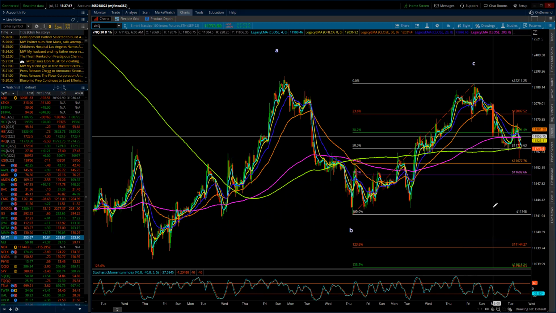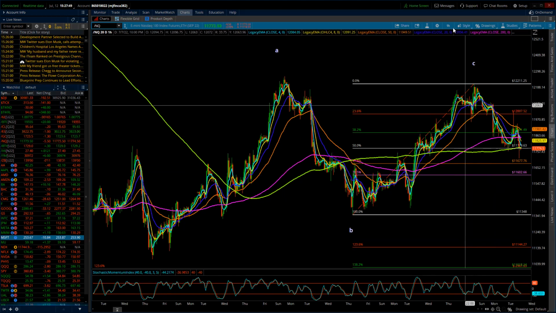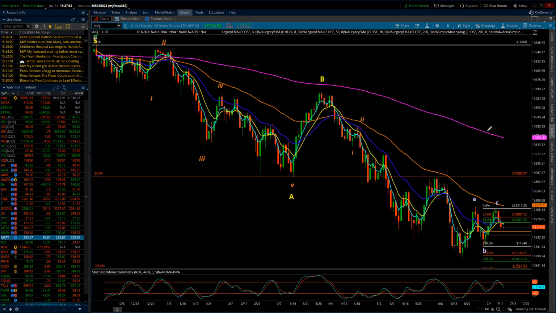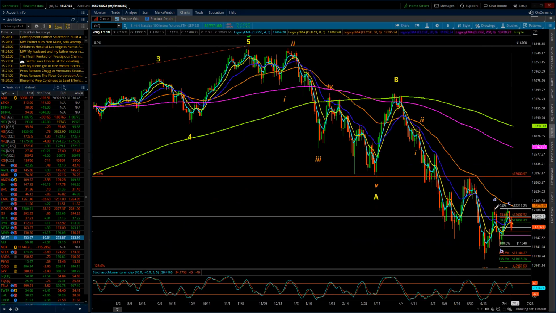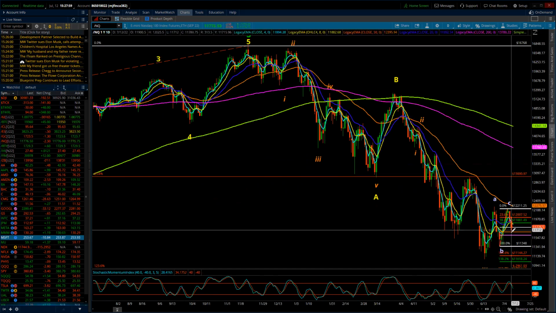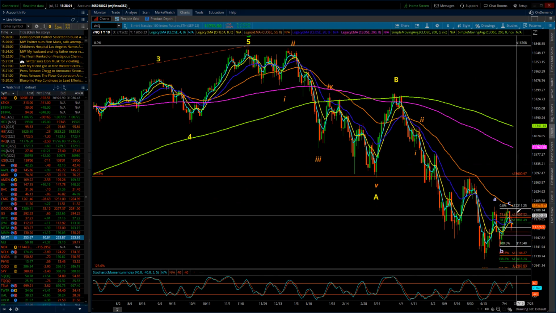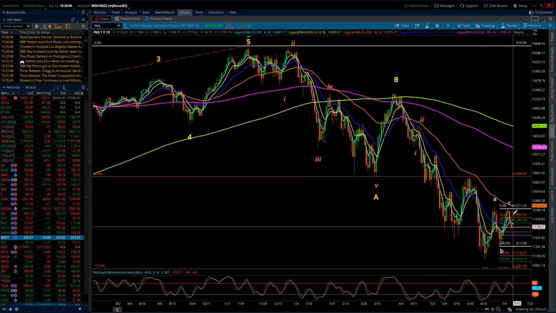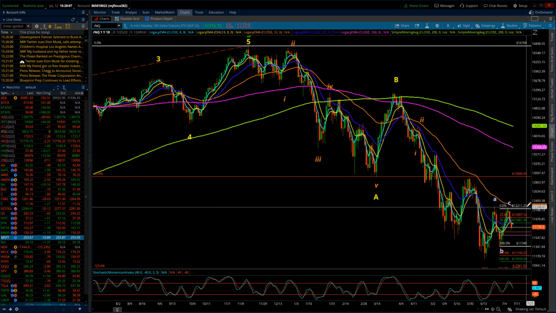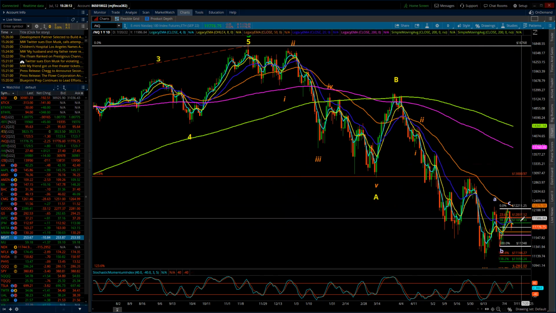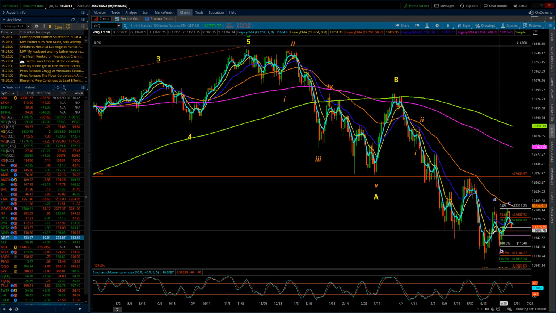In any case, I'm kind of going to wrap it up right there because there's not a whole lot to be adding, and I'm going to try to keep this on the short side. So again, if we are in a triangle pattern, then expect a small little bit more to complete a D wave, get an E wave that runs up to the upside. Possibility it could penetrate this topside border, goes up, fails, and then just comes right back down.